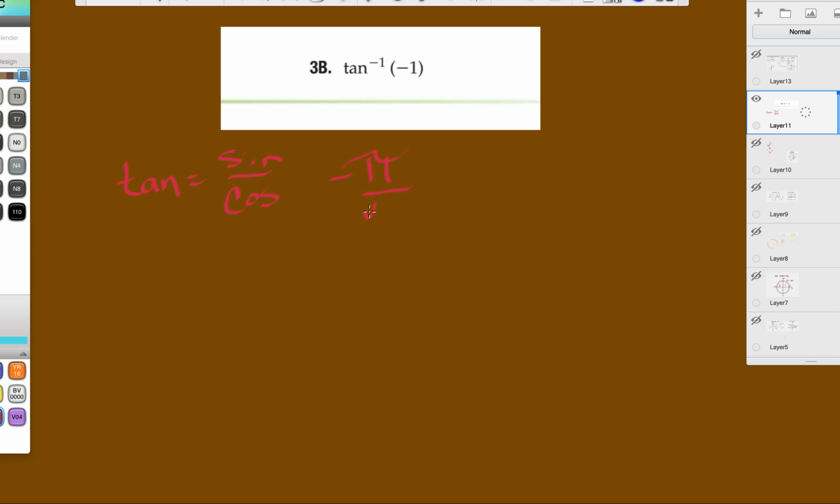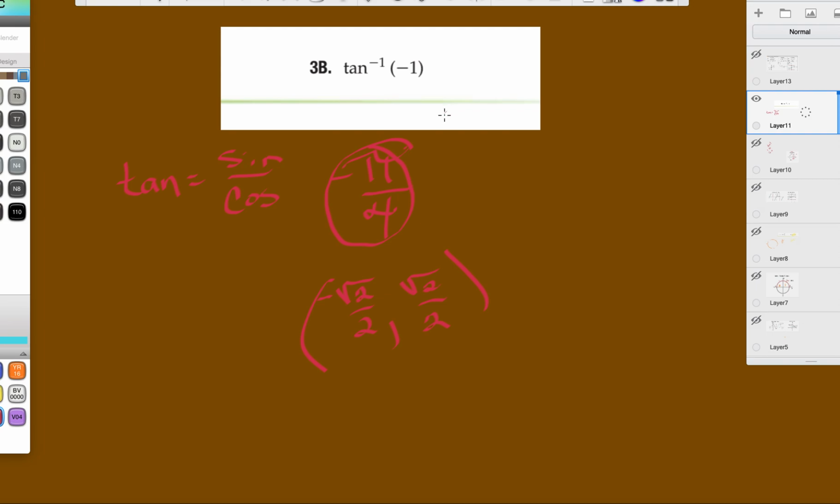Because at pi over 4, right, we have negative root 2 over 2 and positive root 2 over 2. Isn't that the coordinate pair at pi over 4? And so sine over cosine gives me negative 1. This is the radian angle where we find inverse tangent.